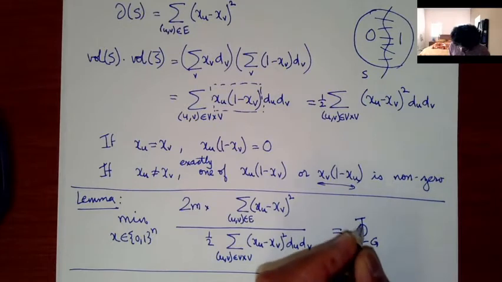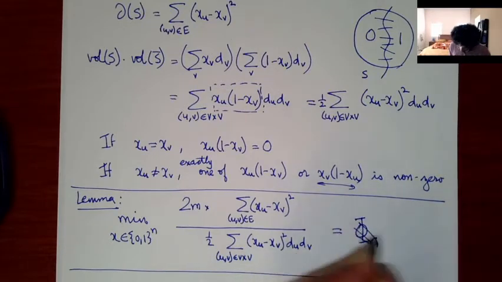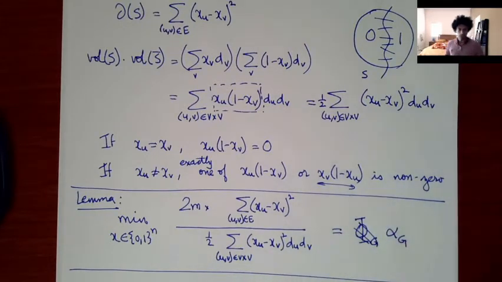As stated, this would technically be the sparsity of G. Okay?